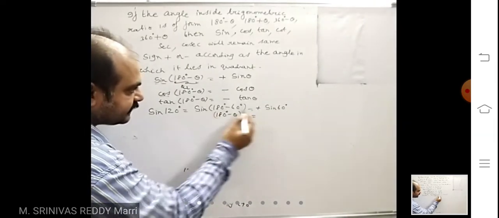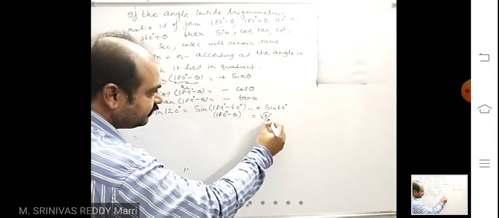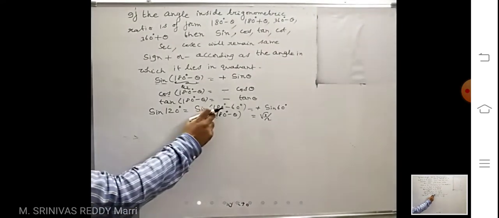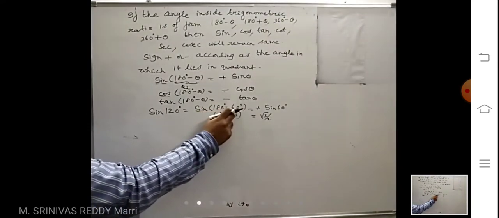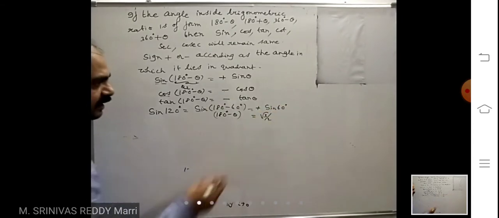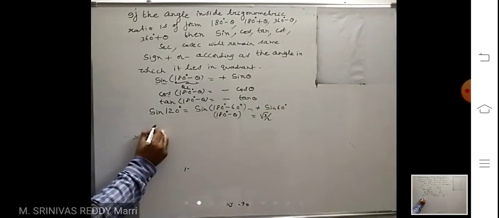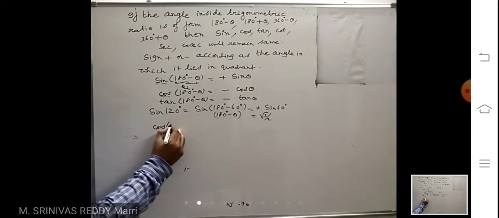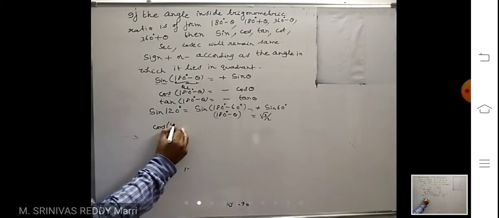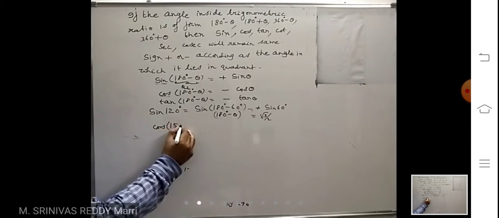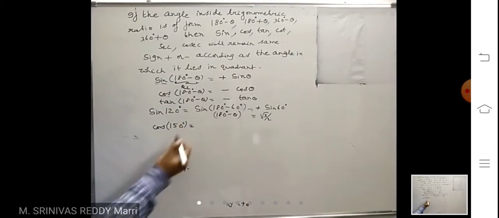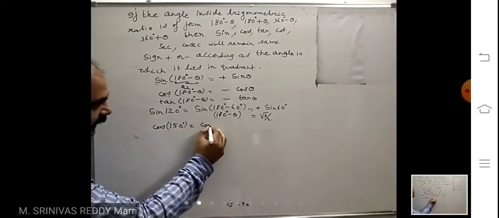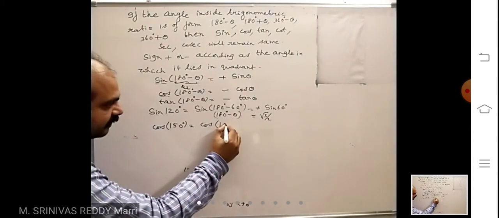In quadrant 2, this sign is what? Positive. So its value will be root 3 by 2. Why have I written 180 minus 60? This is a standard angle. That means these values you know. Suppose let us say cos 150 degree is there. So this I can write cos of the known angle, what is it? 30 degree.